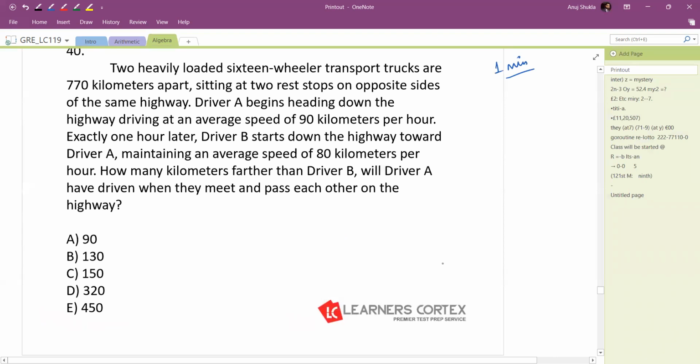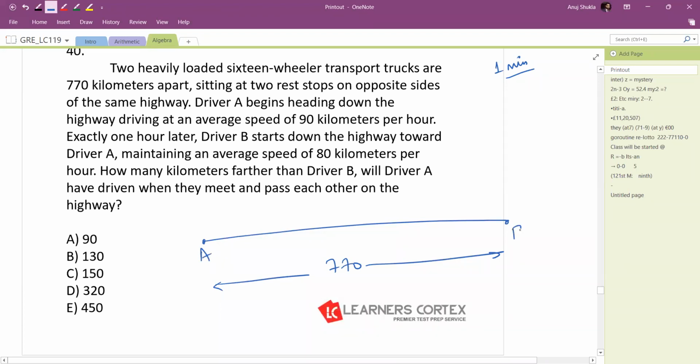What they're saying: two heavily loaded 16-wheeler transport trucks are 770 kilometers apart. Driver A begins, and this is A, then this is B. Speed of A is 90 km per hour, and here speed is 80 km per hour.